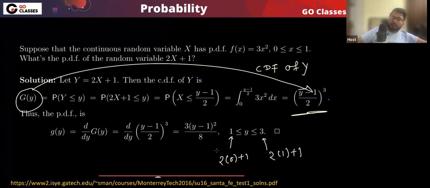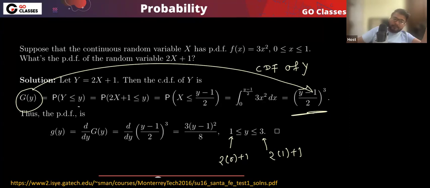Okay. So this was actually a very tricky question where the PDF of one random variable is given. Now they're asking you the PDF of another random variable, or a function of that random variable. Now we introduced the CDF in between. We first calculated the CDF and then we found out the PDF. Okay, so we can calculate the PDF. Sometimes we need to calculate the CDF just to calculate the PDF. This is one of the examples.